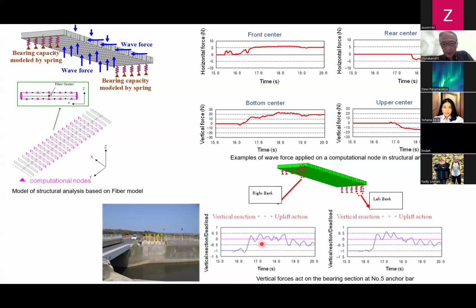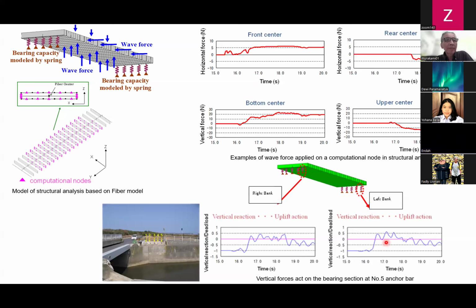And these two diagrams show the vertical load acting on each anchor. The anchors are here, 1, 2, 3, 4, 5, and this shows how the dead load acts on each anchor. This is the result on vertical reaction, uplift action, and this is also the vertical reaction.